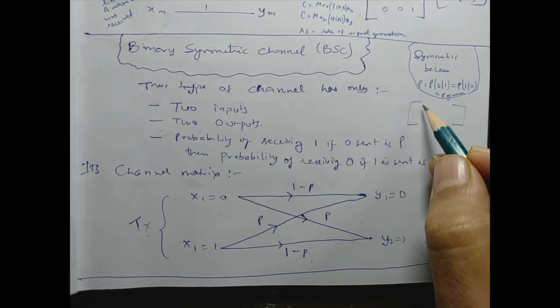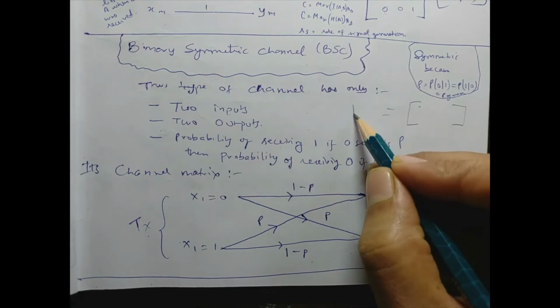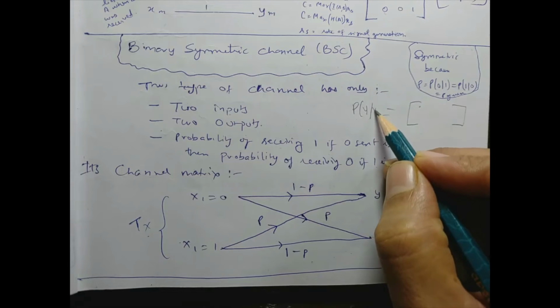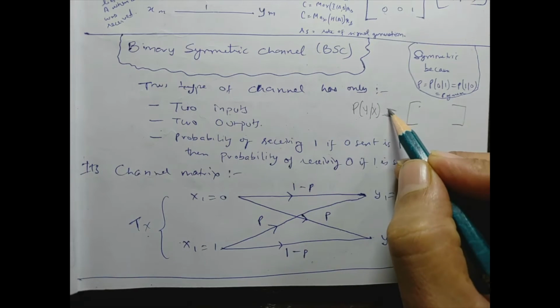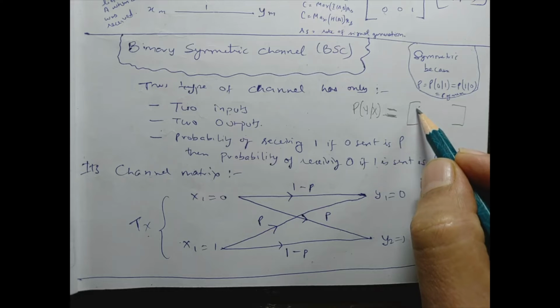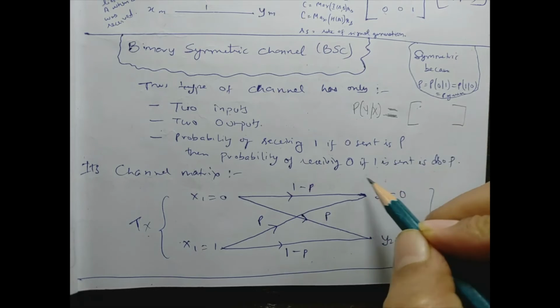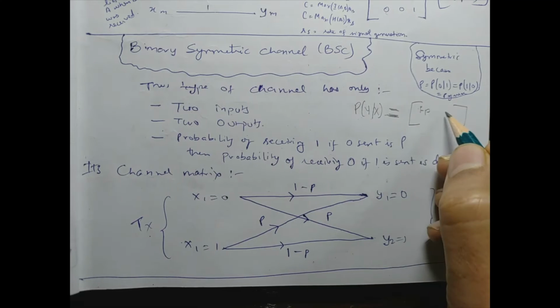The channel matrix is nothing but the conditional probability matrix. The probability of y1 due to x1 is 1 minus p.